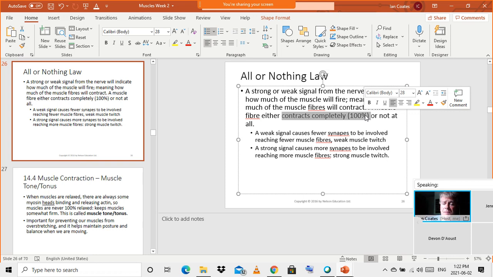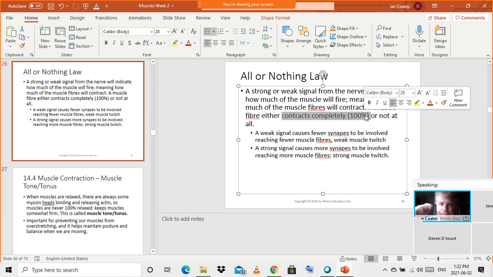So depending upon how much nerve signal was presented, that will determine how many muscle fibers contract, because remember, one nerve can stimulate 5 to 200 muscle fibers. If we have a very strong nerve signal, we should get a full muscle contraction. But if it's only a small nerve signal, you might only get a partial muscle contraction.